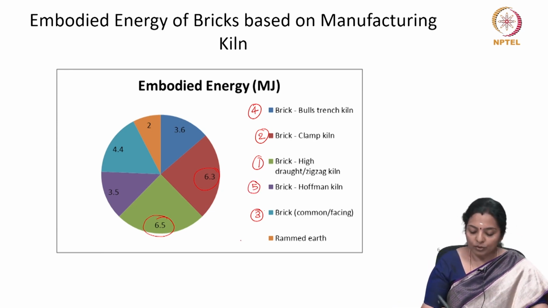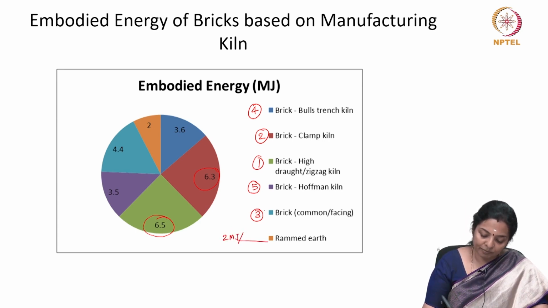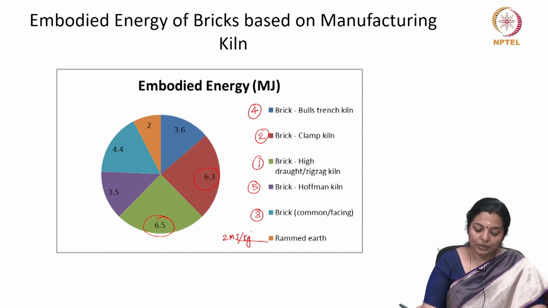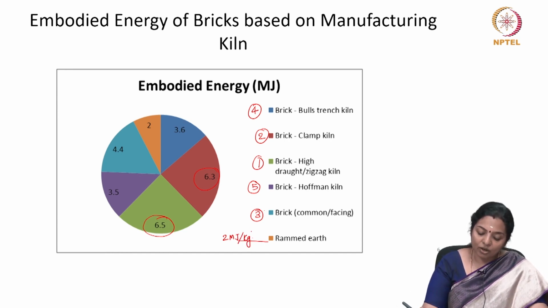Compare this to rammed earth. Rammed earth has only 2 megajoules per unit weight. Hence, you can see that the common facing brick that we use is more than double.